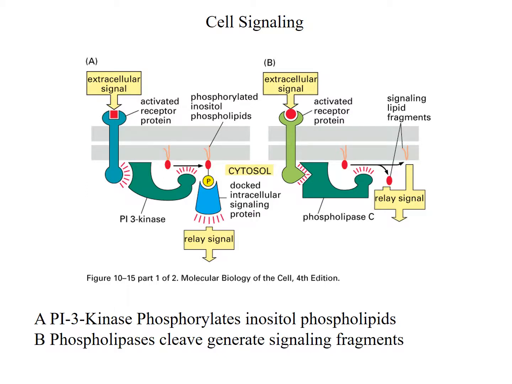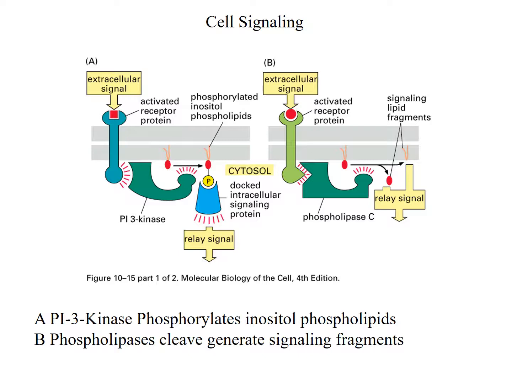So besides proteins, there are also lipids that can be modified, and they themselves cause the signal. So in this cartoon, number A, here's some type of receptor bound to a ligand, and that activates, and that's what these little bars are showing, like a little sunshine here, and that then targets or binds to an enzyme known as phosphatidylinositol 3 kinase.